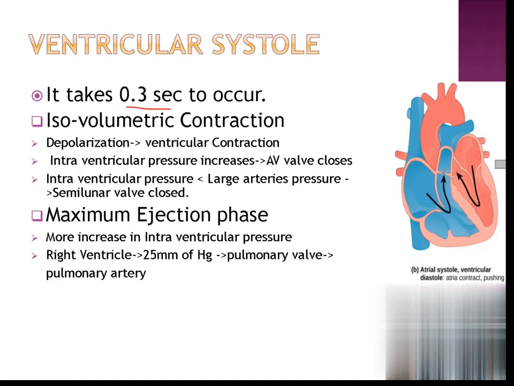Once the blood from the auricle enters the ventricle, this ventricle gets the action potential. Once this ventricle gets the action potential, it is depolarized and the contraction occurs in the ventricle. Once the contraction is occurring in the ventricle, again the pressure increases as the volume is decreasing.